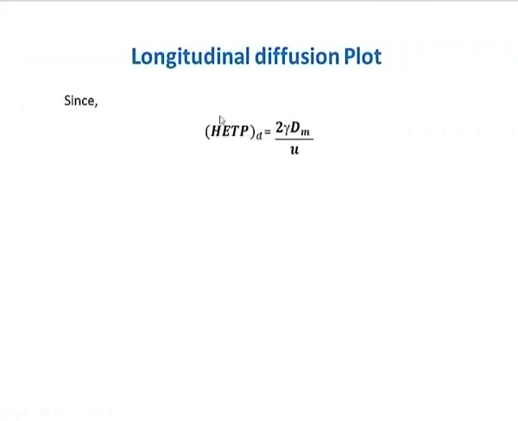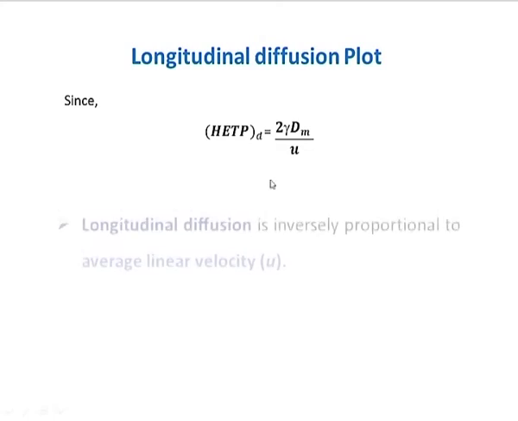If you note the contribution of longitudinal diffusion towards the height of a theoretical plate, it is inversely proportional to average linear velocity, which is obvious from this equation.